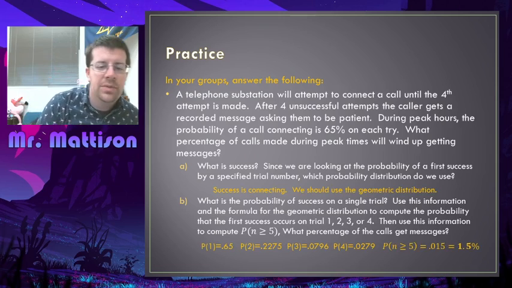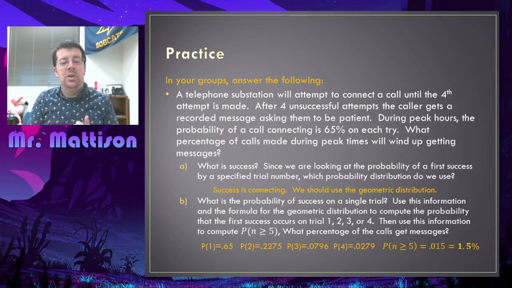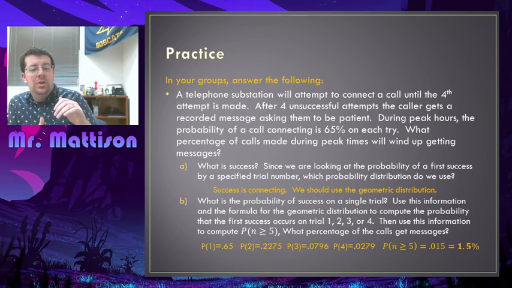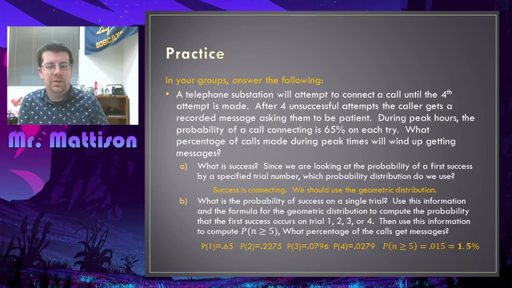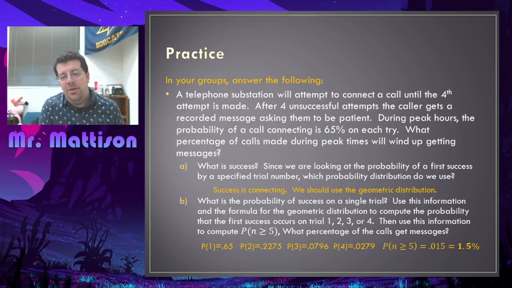Okay. So then to find the probability that we get the message, we would have to not connect on our first call, second call, third call, or our fourth call here, right? So let's find the probability that we do connect on the first, second, third, or fourth.